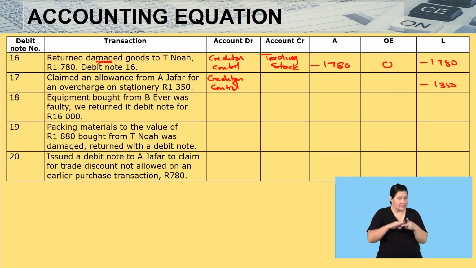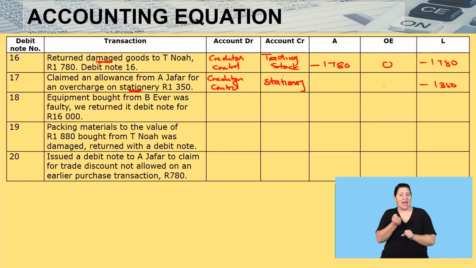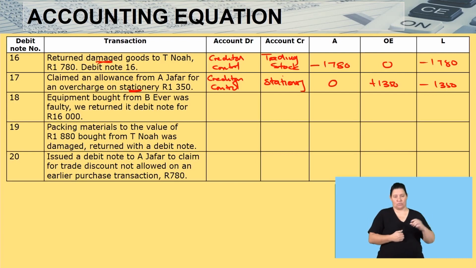The second account, stationery. So I'm coming here to credit stationery. Stationery is an expense. That means it affects my owner's equity. My owner's equity is going to increase now, plus 1,350. Assets, no effect.